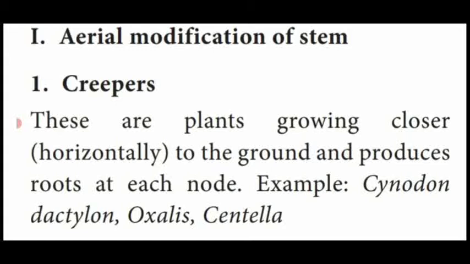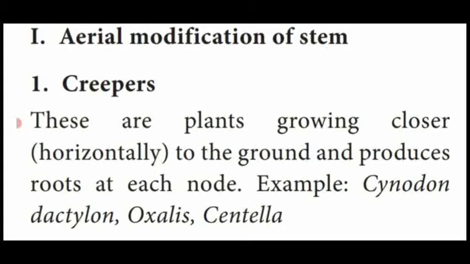That is aerial stem modification. Subaerial means part of a stem which grows towards the soil and comes above the ground level and stores the food material. That is said to be partly showing the modification, subaerial.